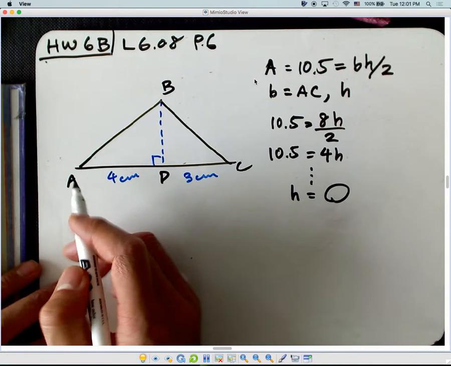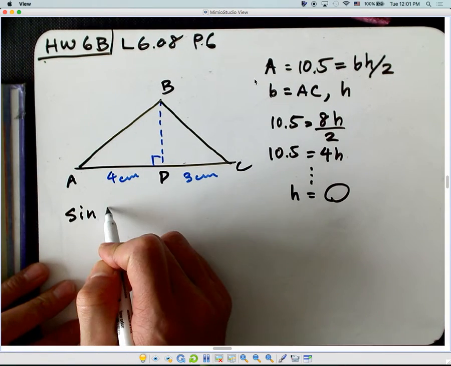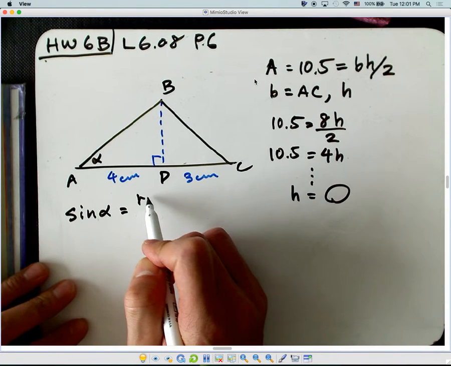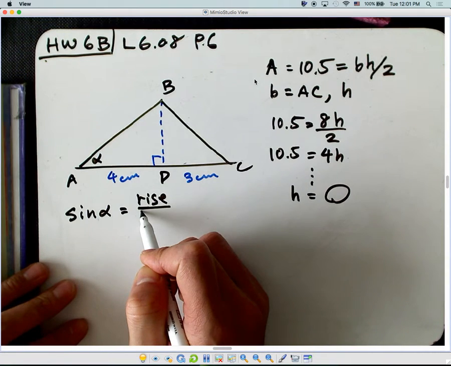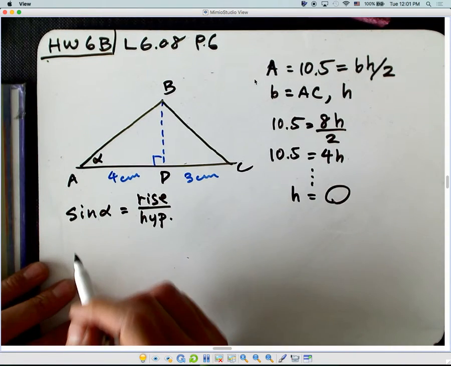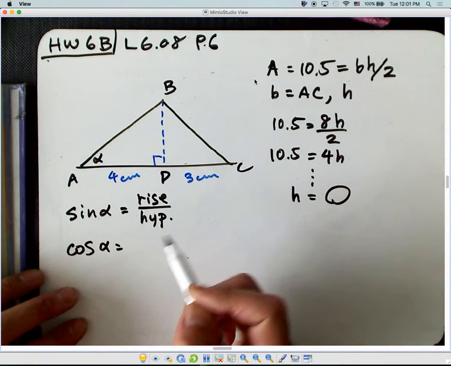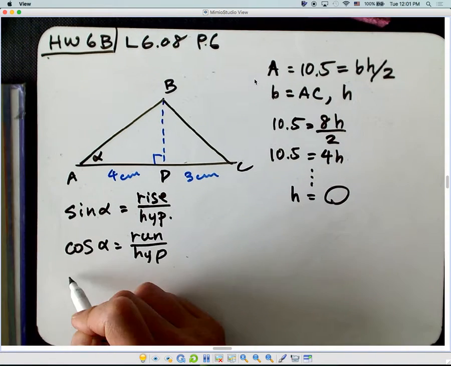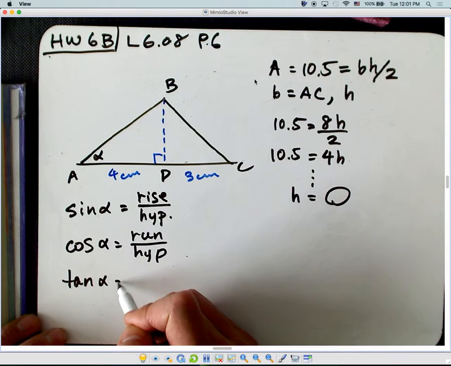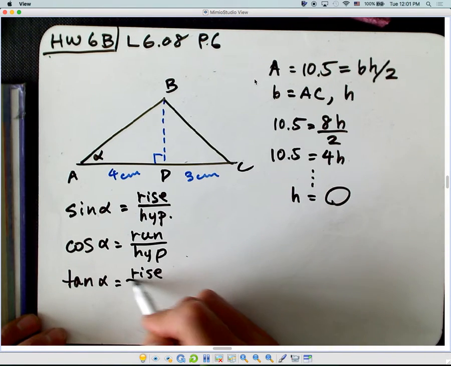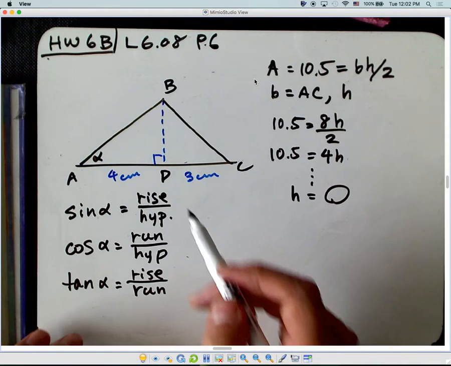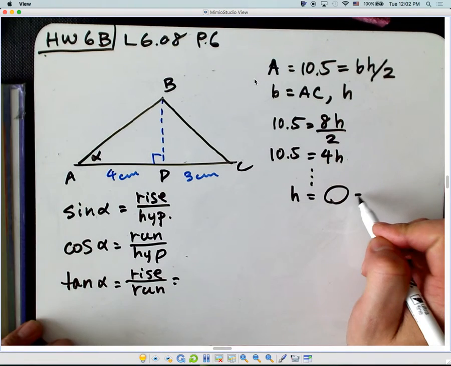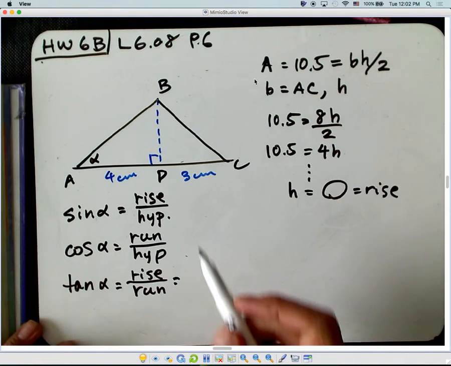So the trig ratio again is sine of alpha, let's call this alpha right here, equals rise over hypotenuse. Cosine of the same angle is run over hypotenuse, and the tangent of that angle is rise over run, just like slope. So if you find BD, that's going to be exactly the same as rise. So this guy is going to be the rise for triangle ABD.